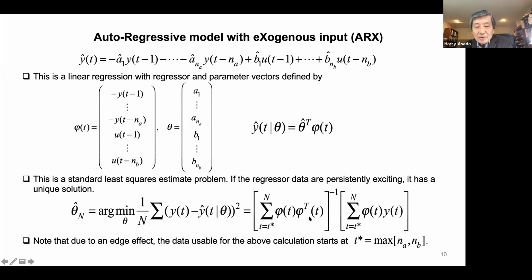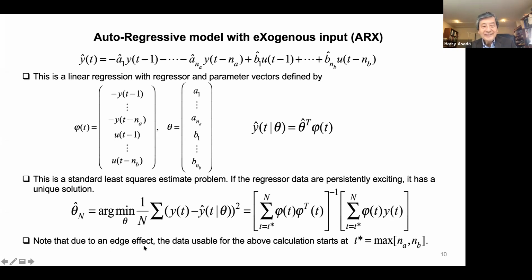Now, just one note is that the T star here does not actually start from T equal 1. Do you know why? Because if you set T equal 1, this is Y0 and Y minus NA, which is not available, right? So you have to shift this one, start computing this after NA and NB, whichever is the largest. So this is kind of an edge effect.